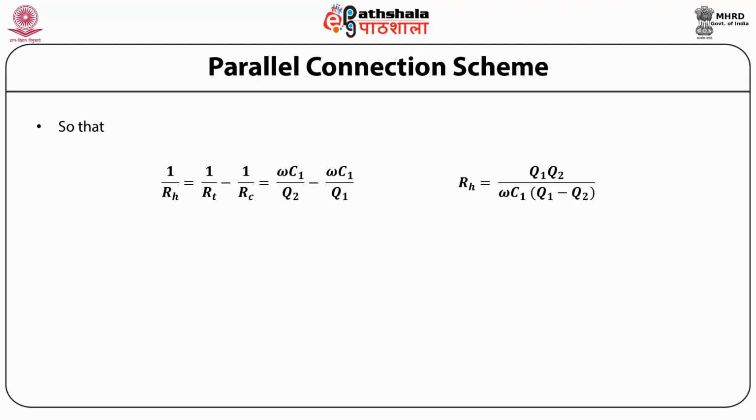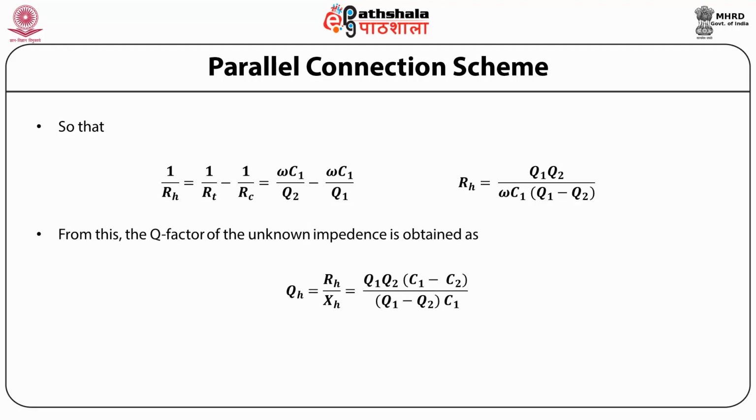Putting in the values, we get 1 by RH is equal to omega C1 by Q2 minus omega C1 by Q1. So, the final value of RH is equal to Q1 Q2 by omega C1 multiplied by Q1 minus Q2.